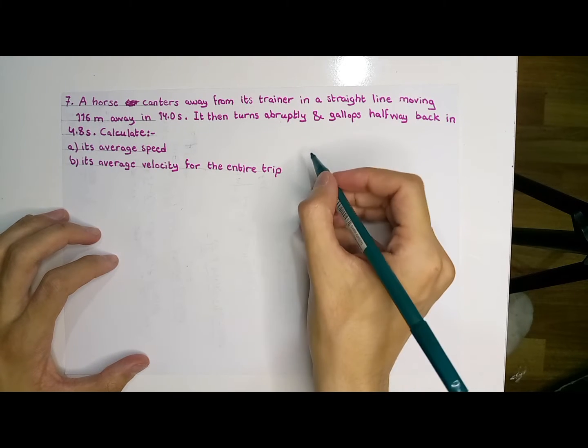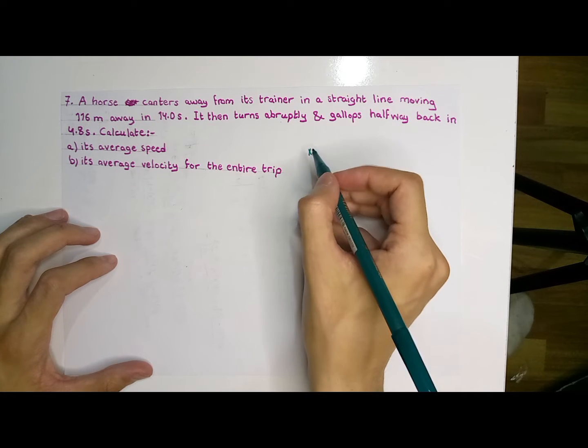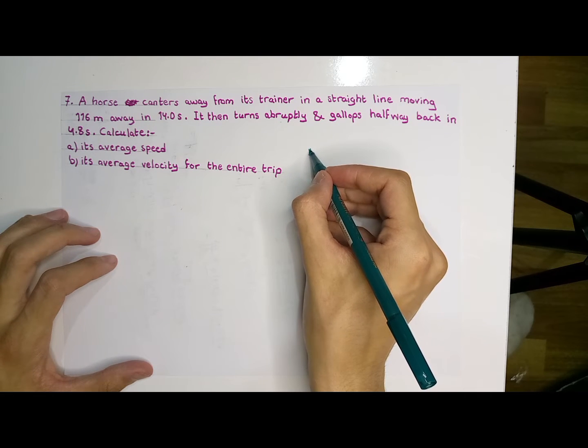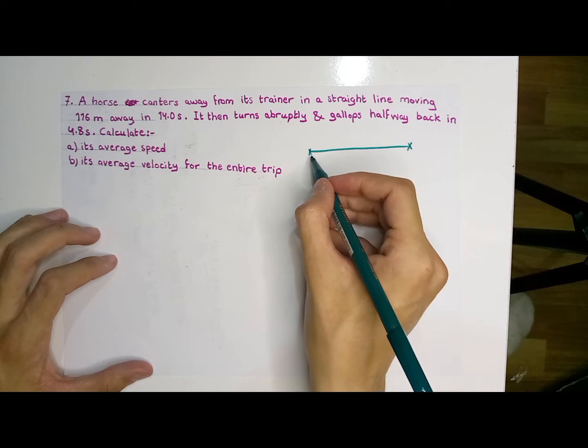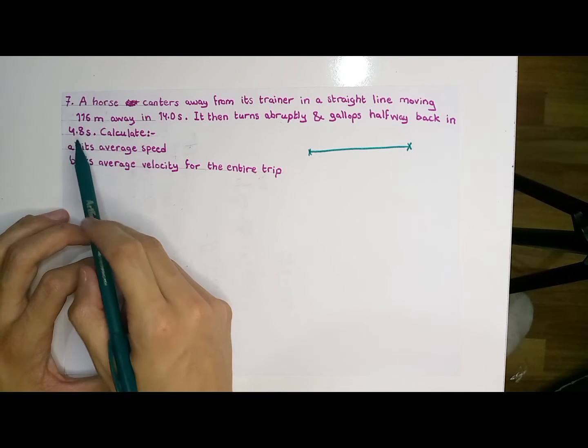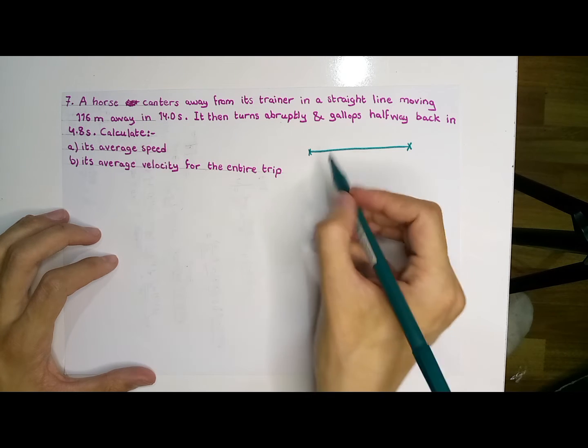The horse firstly starts to move in a straight line from this point until this point, let's say, passing the distance of 116 meters during 14 seconds of time.